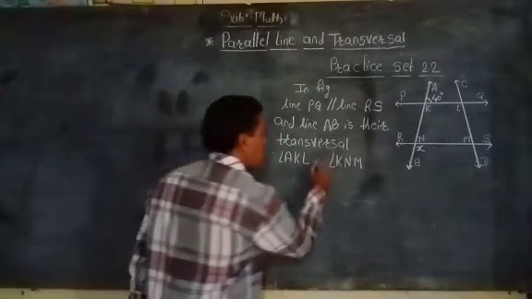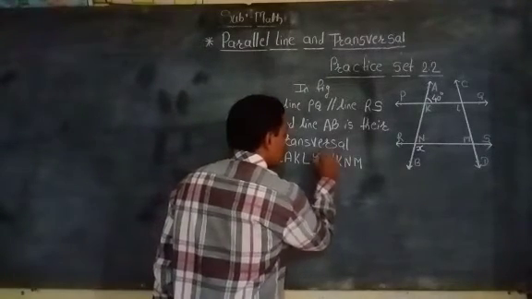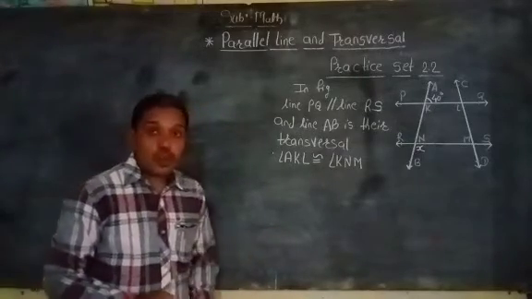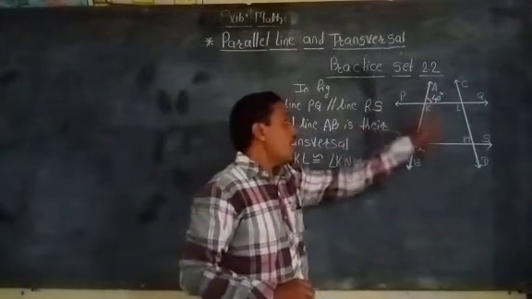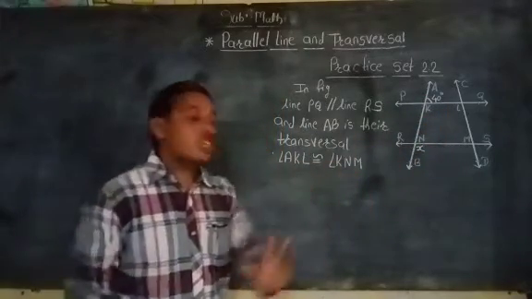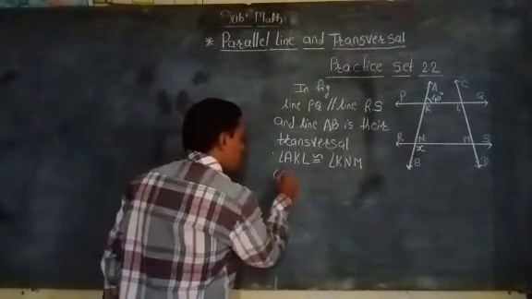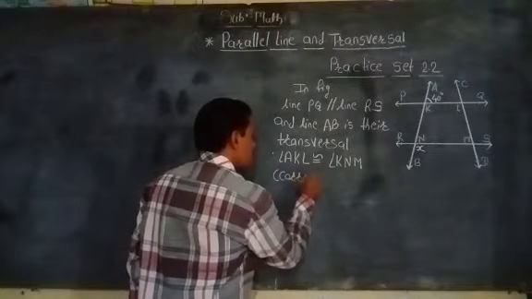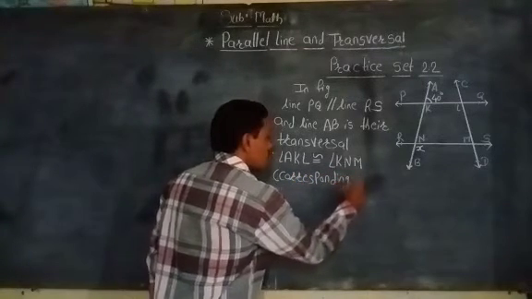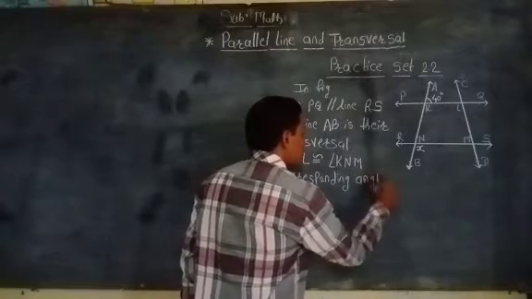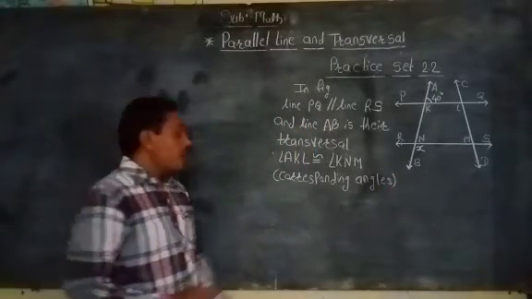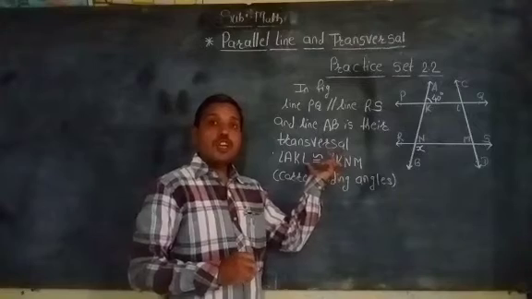They are congruent to each other. Why are they congruent to each other? Because they are corresponding angles. The reason is that both are corresponding angles, and that is why they are congruent to each other.